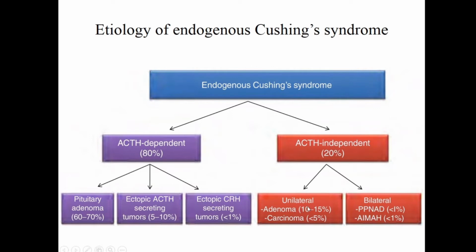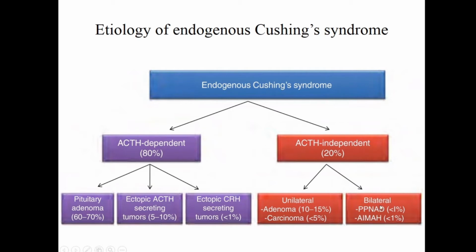You have unilateral adrenal involvement. It can be adenoma or carcinoma, or bilateral, which is hyperplasia. This hyperplasia is known as micronodular or macronodular. This is macronodular, this is micro. This is known as primary pigmented nodular adrenocortical disease, or ACTH independent macronodular adrenal hyperplasia.